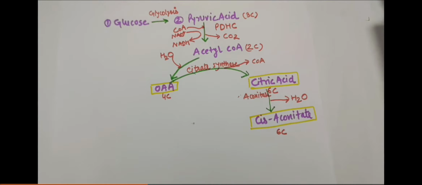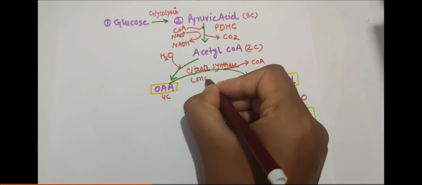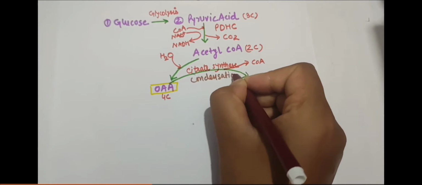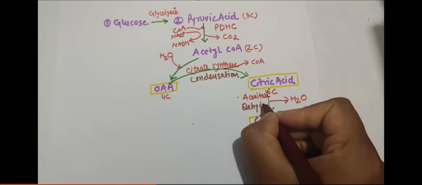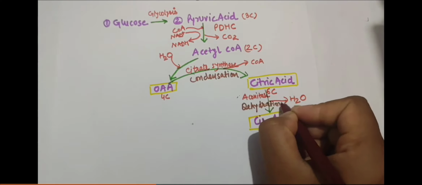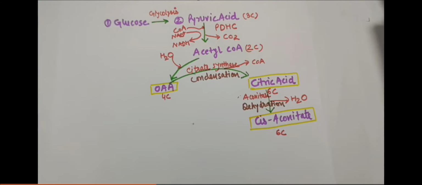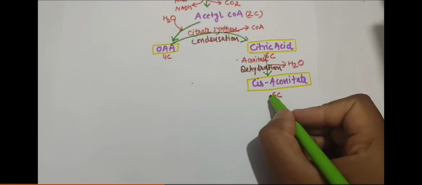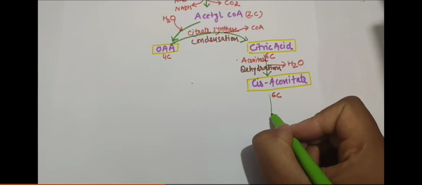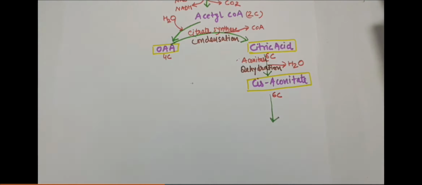This step is known as dehydration because water is removed here, whereas the earlier step was condensation. Next, cis-aconitate further reorganizes and forms isocitrate, which is a 6 carbon compound.